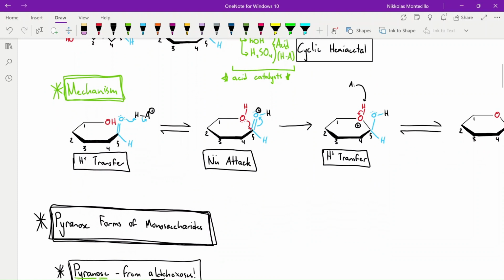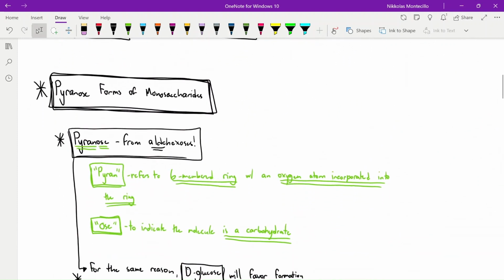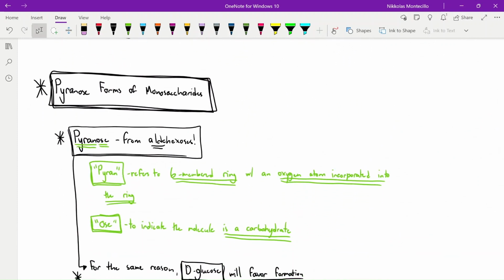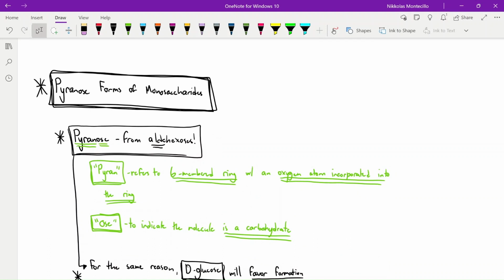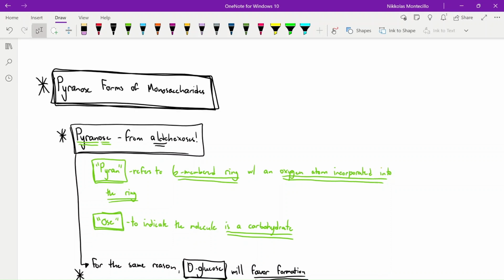Now, let's go through several forms of monosaccharides, and one such form is pyranose. So pyranose generally forms from aldohexoses, and pyran refers to a 6-membered ring with an oxygen atom incorporated into the ring. So within the 6-member ring, it contains an oxygen atom as one of those members.